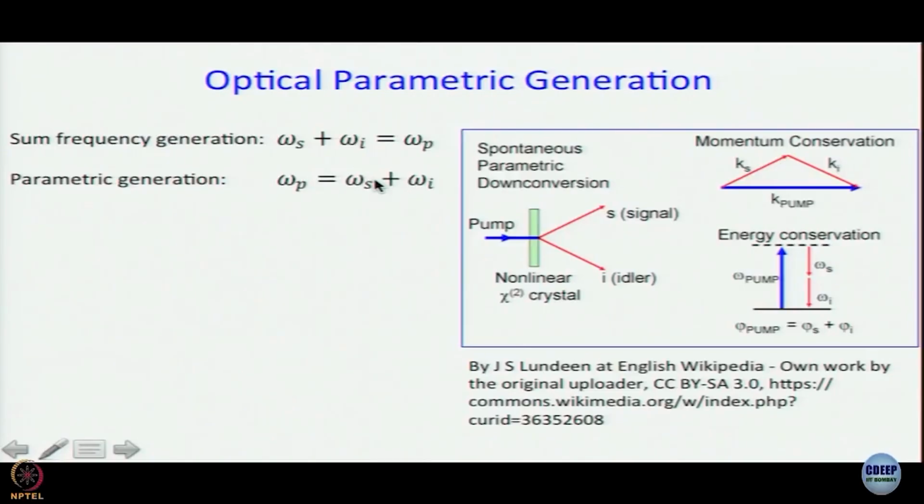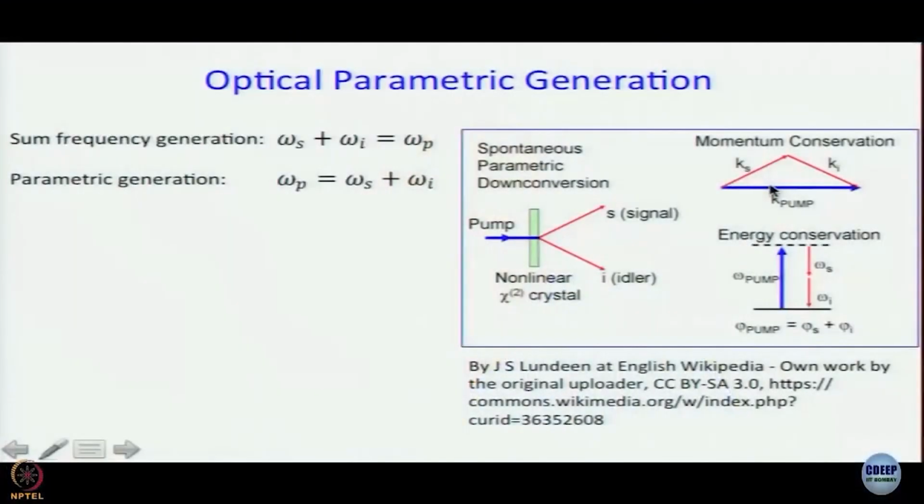A little while ago we said, at least at that point, I could write any value of omega s, any value of omega I, as long as they add up to omega p. That is not necessarily correct, because not only do you need energy conservation, momentum has to be conserved as well, as we had discussed for sum frequency generation. The moment you say momentum has to be conserved, the number of possibilities goes down, right.